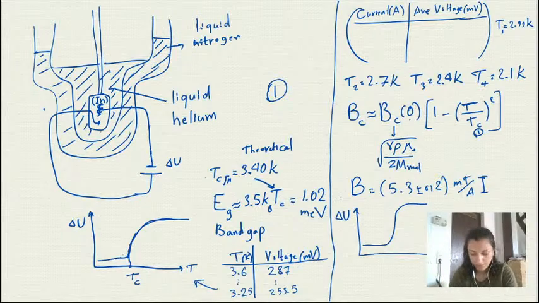I guess it would be the same as the other one. This is I. We can transfer it to B with this calibration formula, and here we can measure the critical magnetic field. It would be the second exercise.